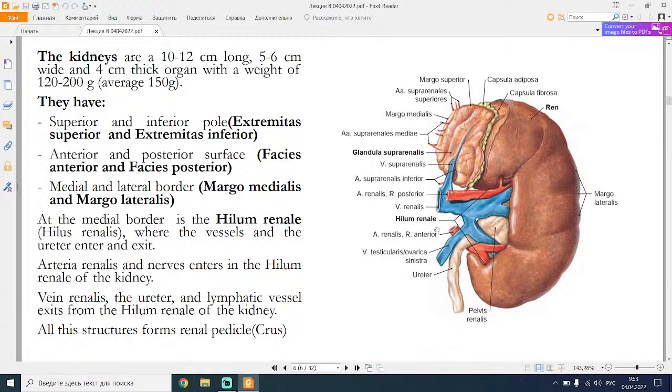The kidneys are 12 centimeters long, 5-6 centimeters wide, and 4 centimeters thick, with a weight of 120 to 150 grams.